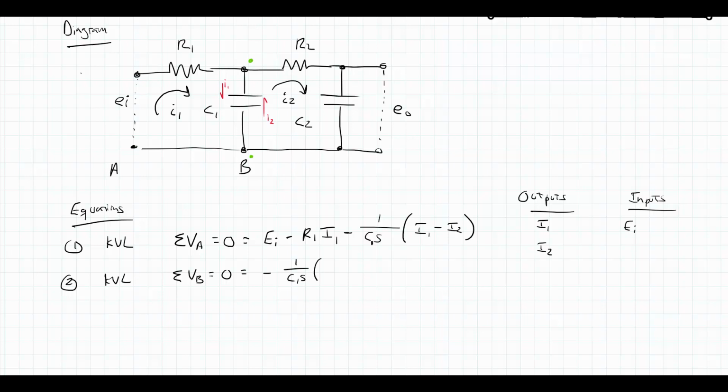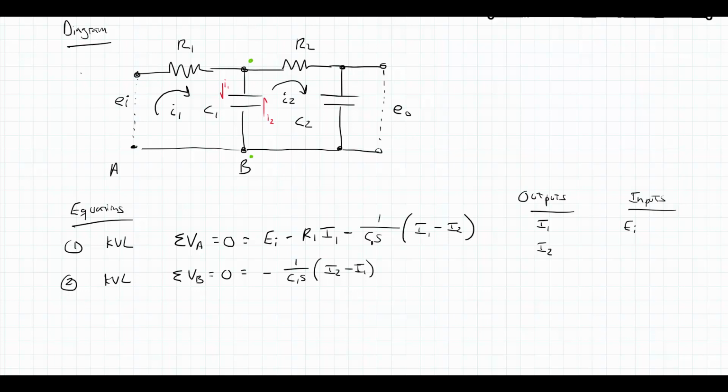Now, because I'm going from B upward, I'm going with I2, but against I1. So inside here it's I2 minus I1, and in my first equation, where I was coming from the top to the bottom, I was going with I1 against I2, so I had I1 minus I2. Different direction, so the opposite signs inside this equation.